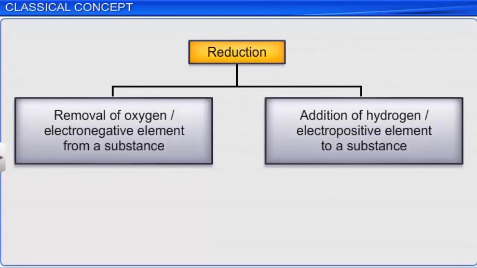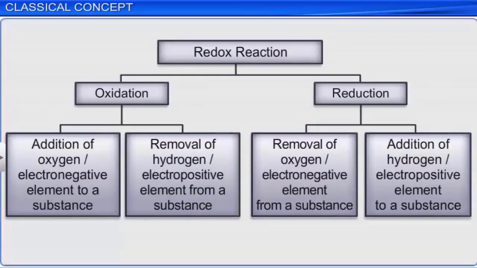Hence, reduction was defined as removal of oxygen or an electronegative element from a substance, or addition of hydrogen or an electropositive element to a substance. Thus, according to the classical concept, redox reactions can be illustrated as shown here.